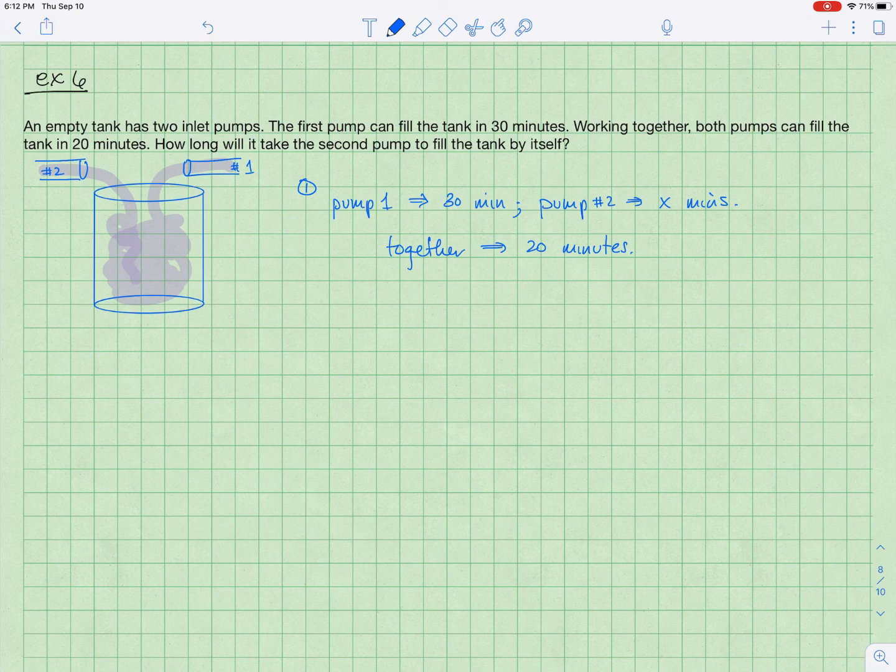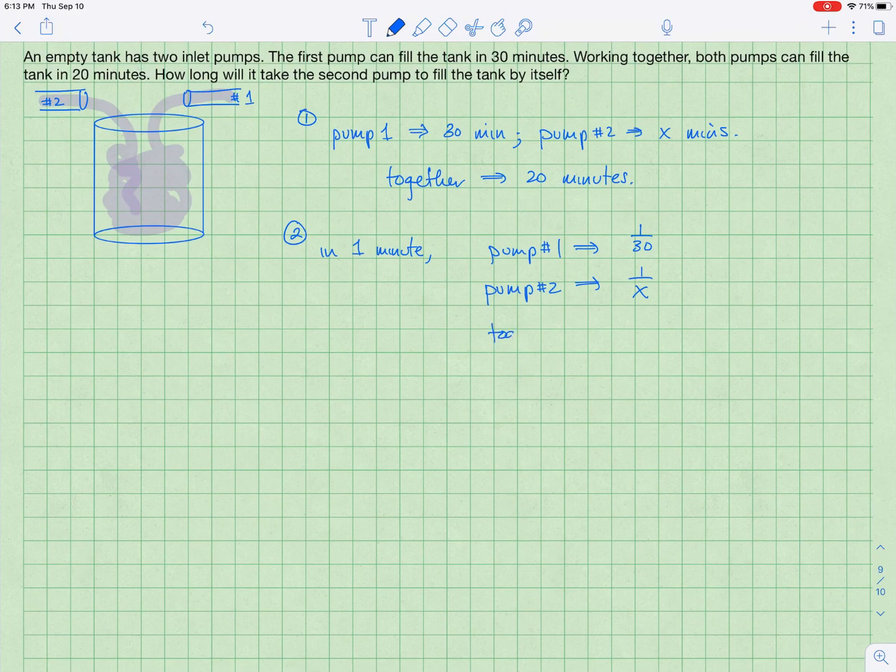All right, well, in 1 minute, pump number 1 can do 1/30th of the job. Pump number 2, well, I don't know how long it takes pump number 2, so this will be 1/x.